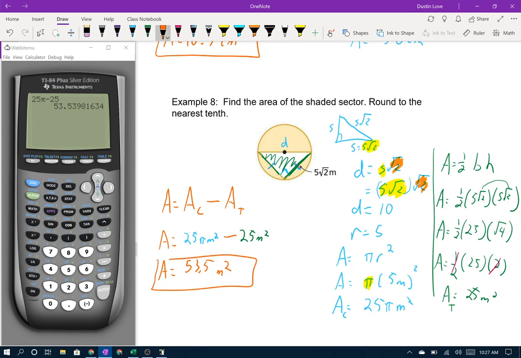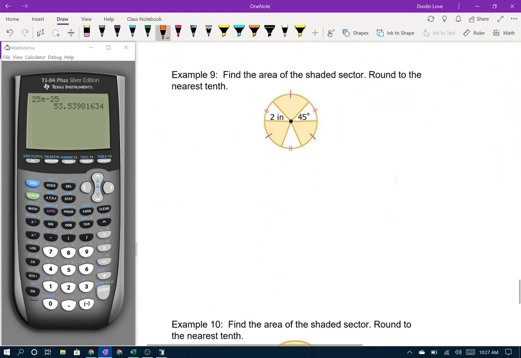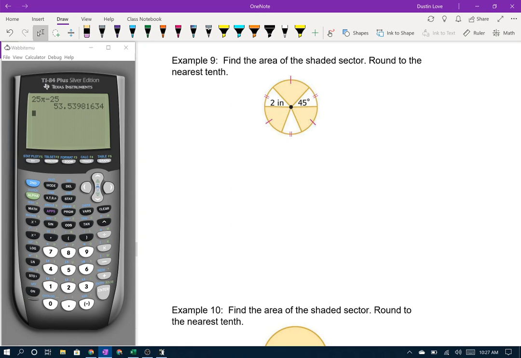Two more examples. Find the area of the shaded sector. Now, this one at first starts to look like it's more complicated than it really is. I am going to approach this as if I try to collect all of the shaded sectors together.